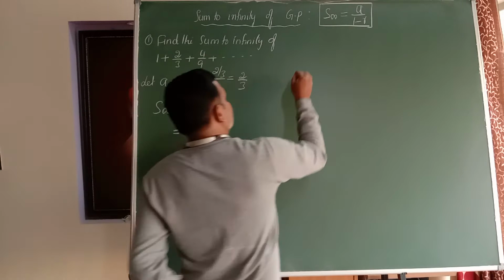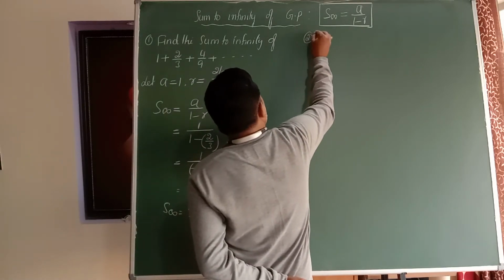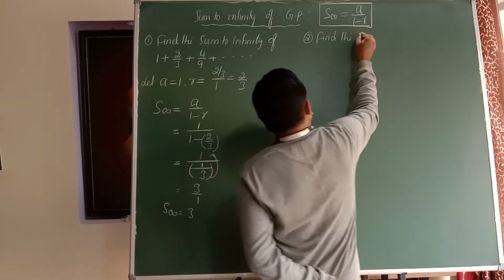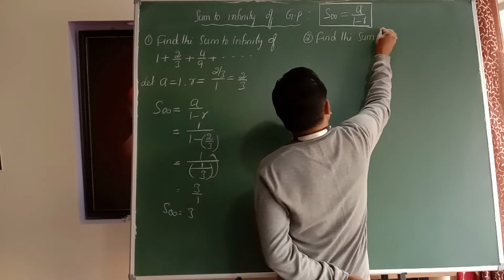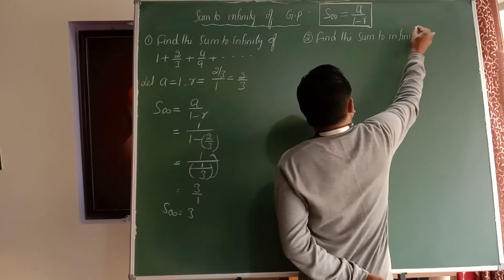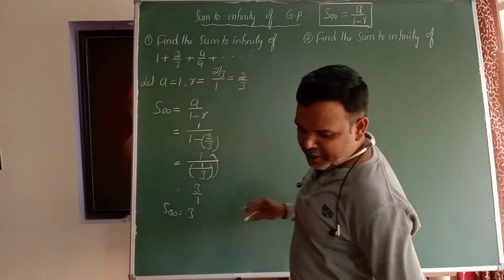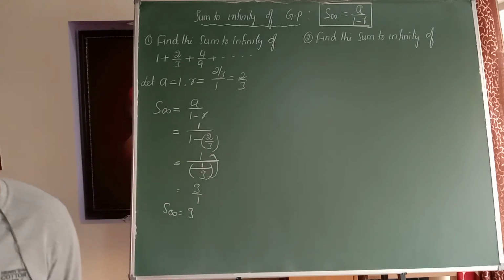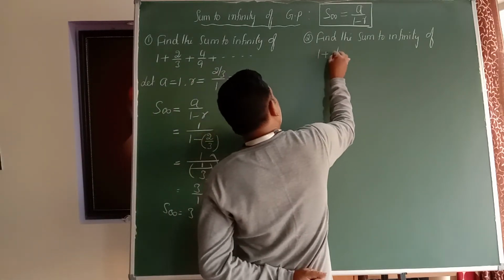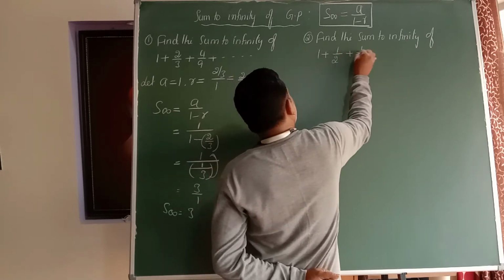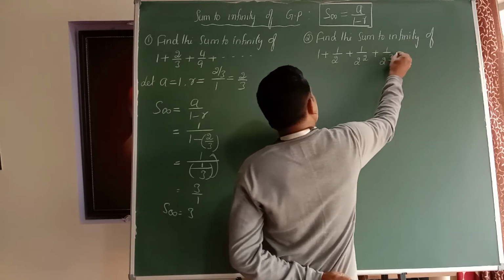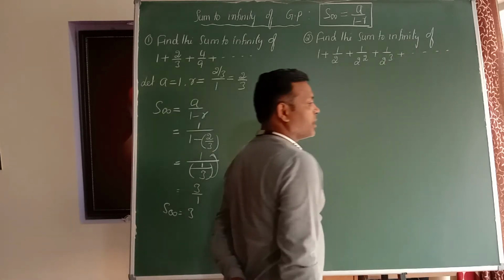Now look at the second question. Find the sum to infinity of 1 plus 1 by 2, a very beautiful one: 1 plus 1 by 2 plus 1 by 2 square plus 1 by 2 cube and so on.